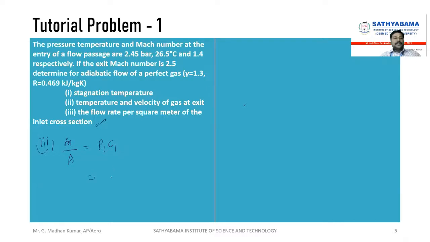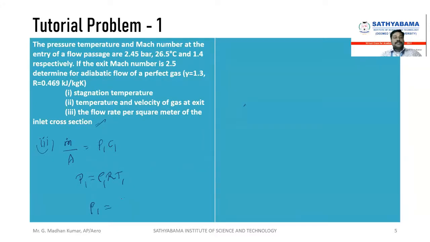For this you have to find the rho 1 first, right? So for rho 1 you are going to use the perfect gas equation. Okay, so what is your perfect gas equation? P is equal to rho R T, right? So P1, rho 1, R is constant, and T1, right? So what is rho 1 now?